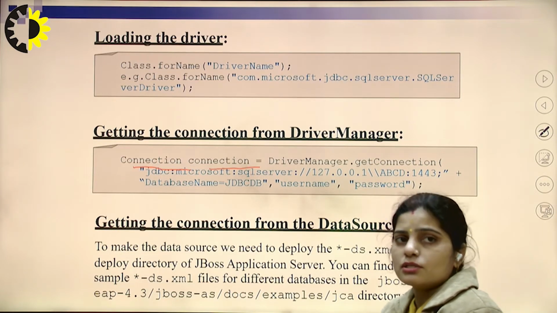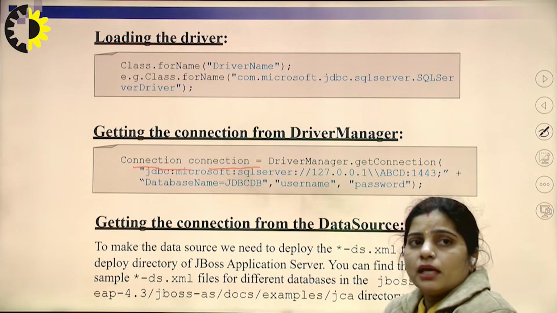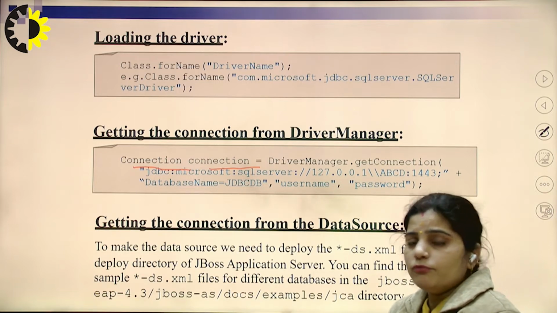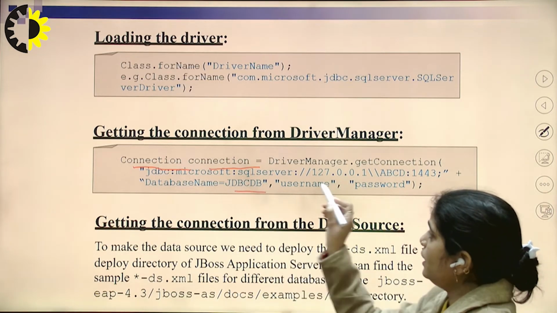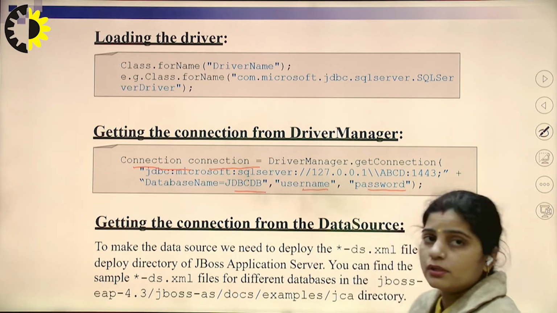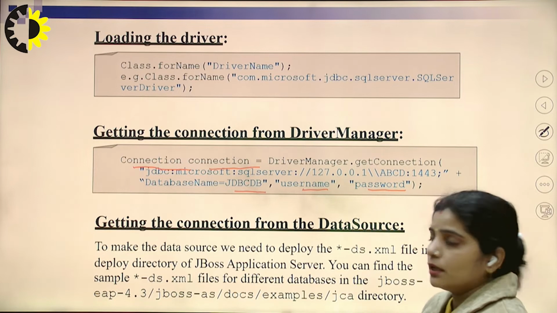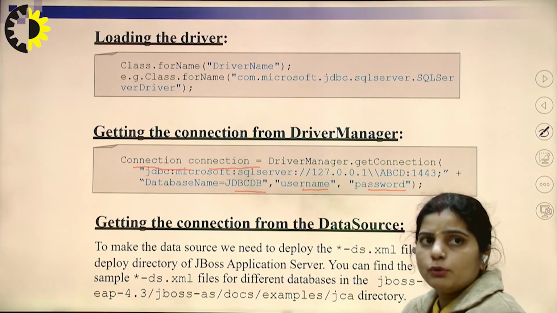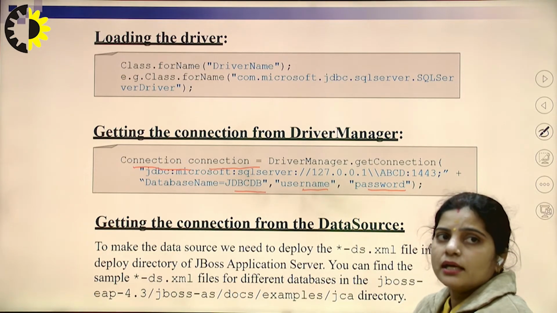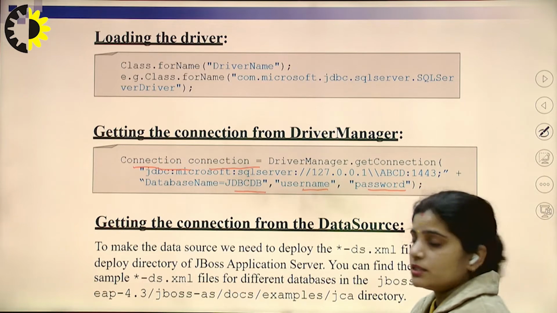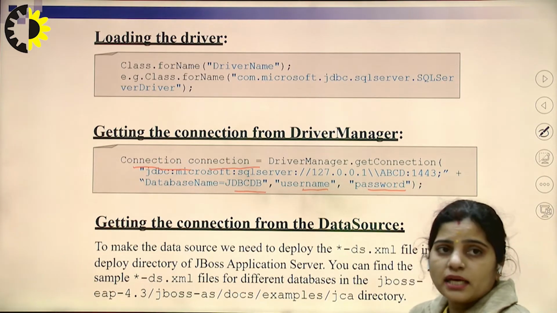Here we are using SQL Server. After that we use the database name, which is JDBC DB, and the username and password, whatever you want to provide, you can provide here. So after loading the driver, the second step is getting the connection from the driver manager.